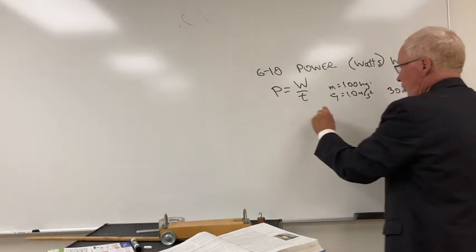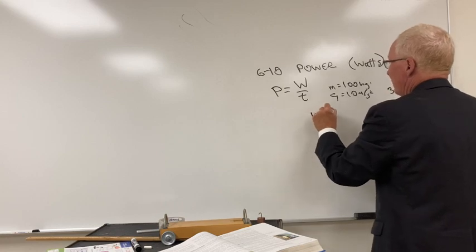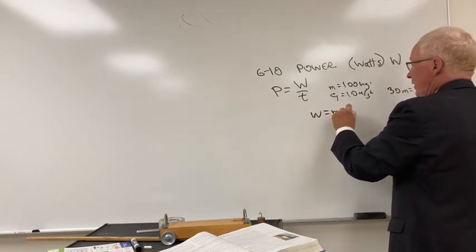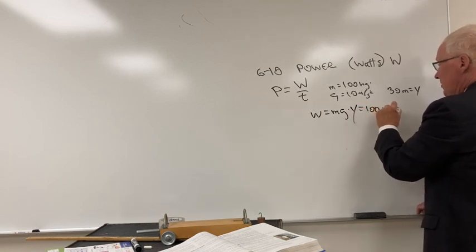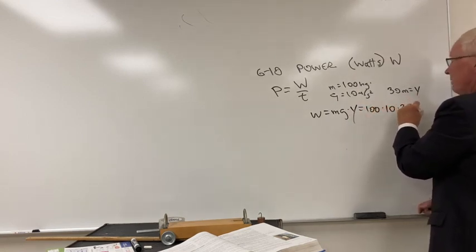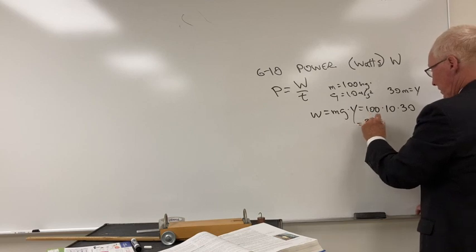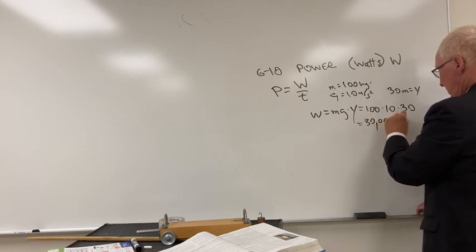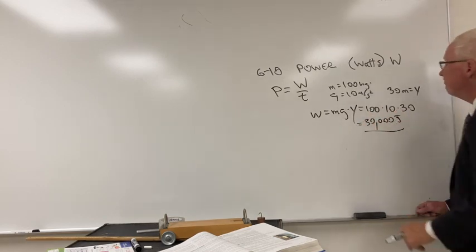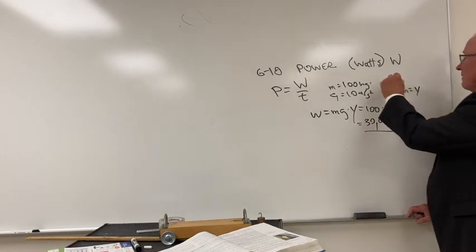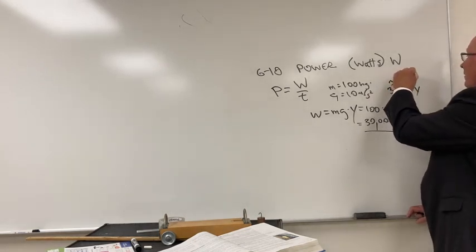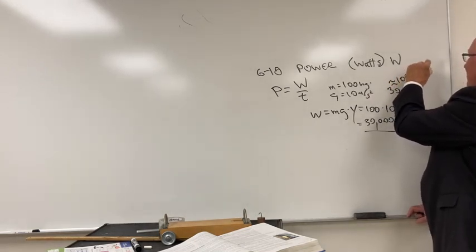All right, the work you do will be mg times y, which would be 100 times 10 times 30, which is 30,000 joules. 30,000 joules of work. So 30 meters is roughly 100 feet, or about 10 floors.